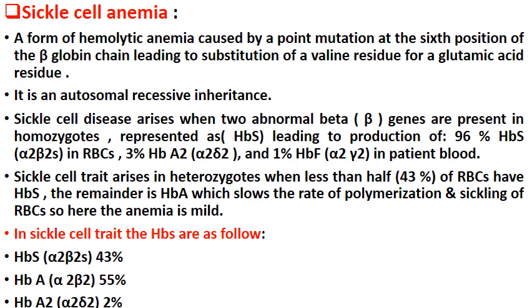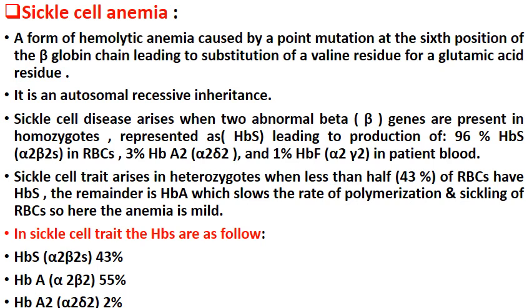While the trait arises in the heterozygote, when less than half, about 43% of hemoglobin is hemoglobin S, and the remainder is hemoglobin A, which slows the rate of polymerization and sickling, so here the anemia is a bit mild.